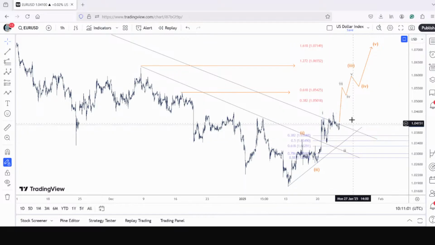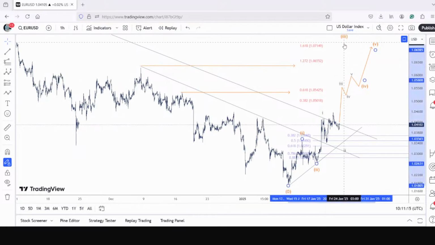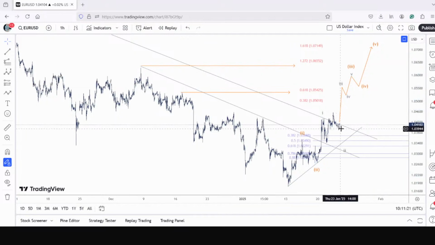That's going to be a very interesting scenario if the third wave is an extension as well, because in that case, the minute wave 3 is going to go straight up there or even higher, especially when the backside is being tested again.